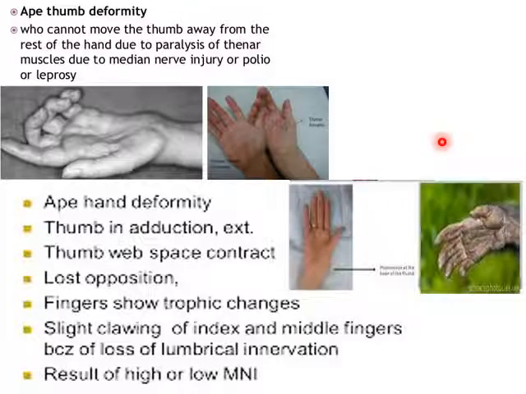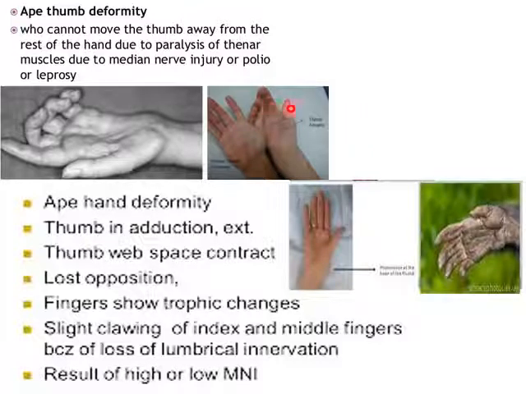The ape thumb deformity. It can also be called ape hand deformity, which is mainly due to median nerve injury at the elbow or at the wrist. It can be seen where the thumb is in an adducted position, like even in an ape you can see the thumb is adducted. It can't be abducted. The abduction of the thumb is lost because of the loss of abductor pollicis brevis.